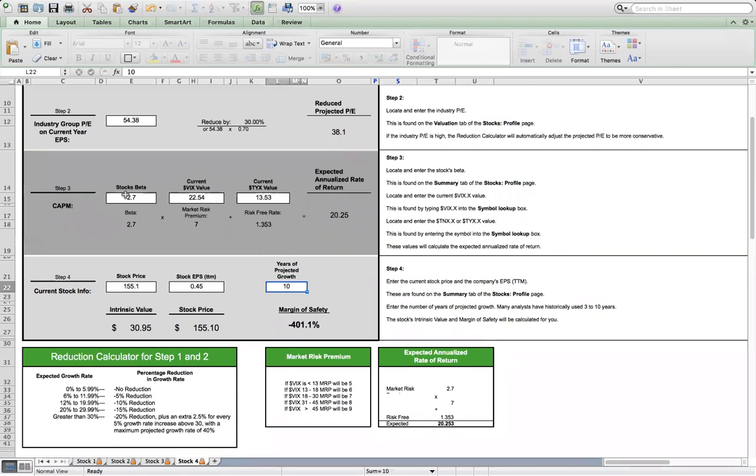Okay. Any other stocks y'all want to look at? Can you do NVIDIA?